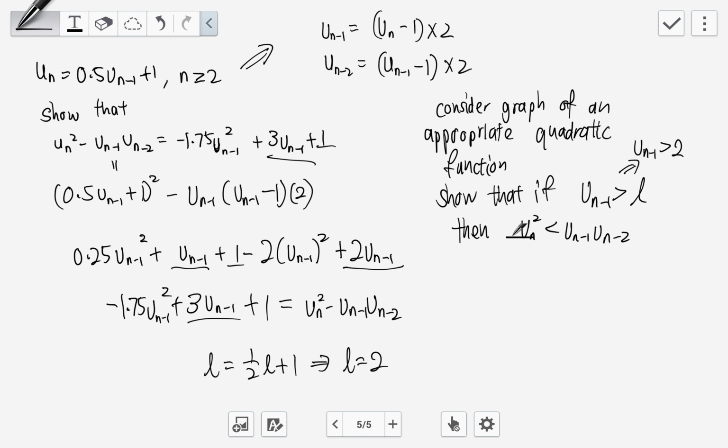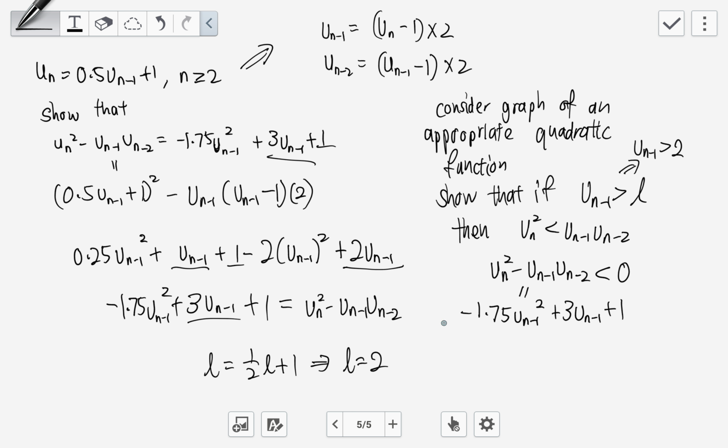That means this one we should rearrange. u_n square minus u_n minus 1 minus 2. We want to show that this is smaller than 0. Right, but we also know that this part is exactly this thing: u_n minus 1 square plus 3 u_n minus 1 plus 1.